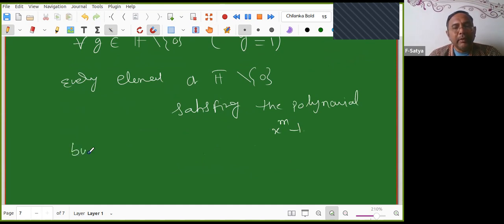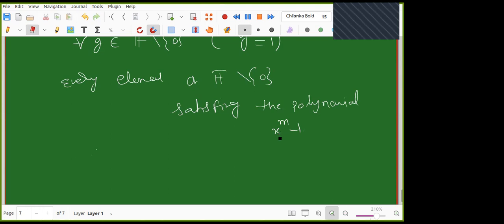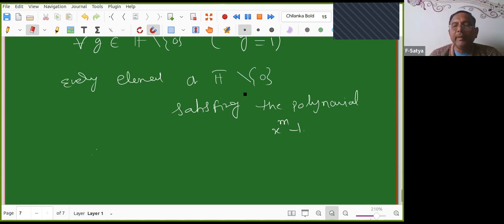But we know that in a field, how many maximum roots will there be? The number of roots of a polynomial of degree m is at most m. But all these q minus 1 elements are satisfying it.